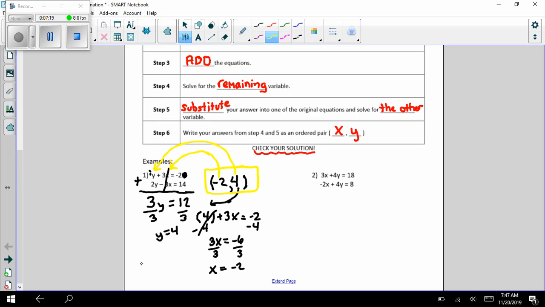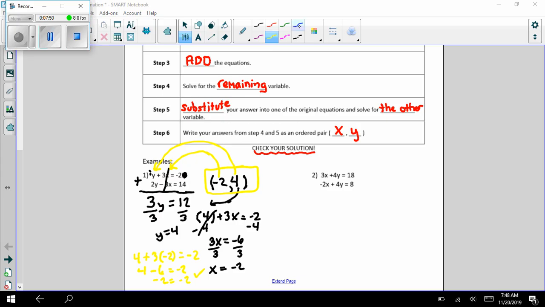It would give us, instead of writing y, I'm going to write 4 plus 3 times the x, which is -2, and all of that together should equal -2. And as you can see, my math checks out. -2 does equal -2. So yes, this is a solution. So if you want to go back and check your solution, it's always a good habit. And that's how you do that.